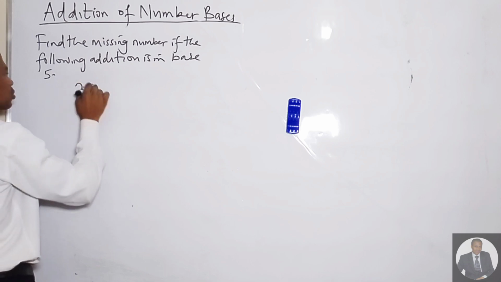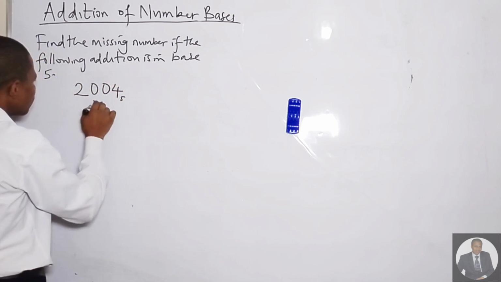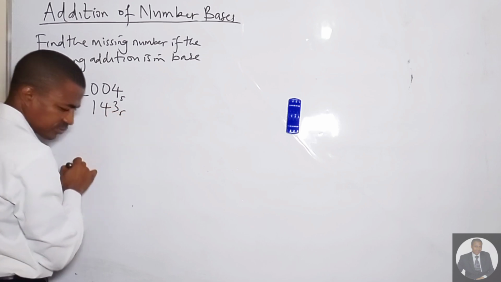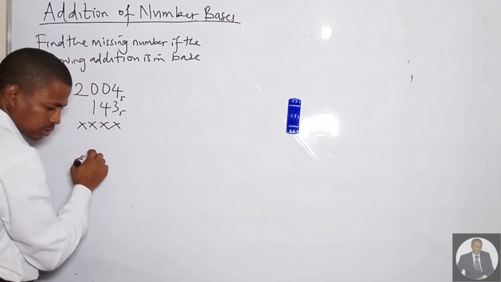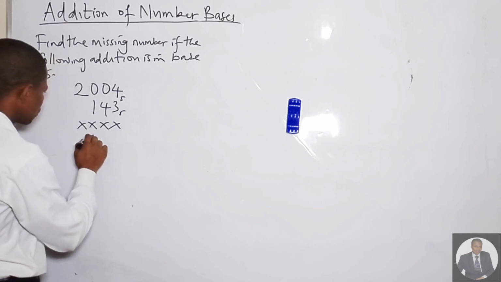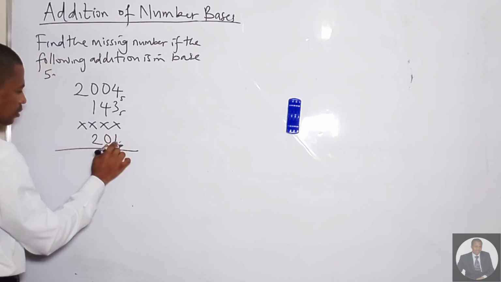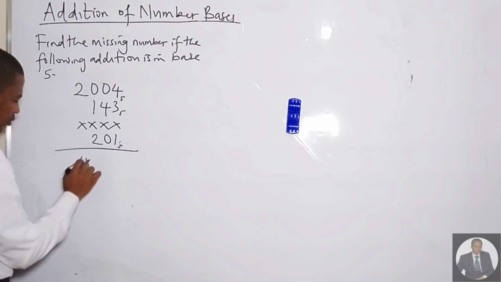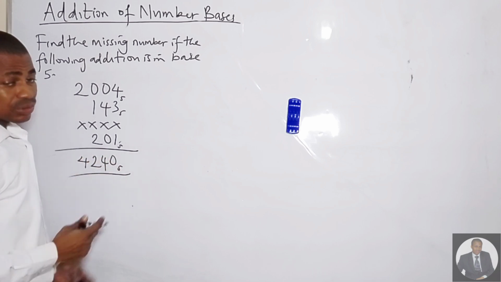What do we have? 2004 base 5, 143 base 5. Then we have the missing number we are looking for, and then 201 base 5. And we are given an answer of 4240 base 5. So how do we do this?